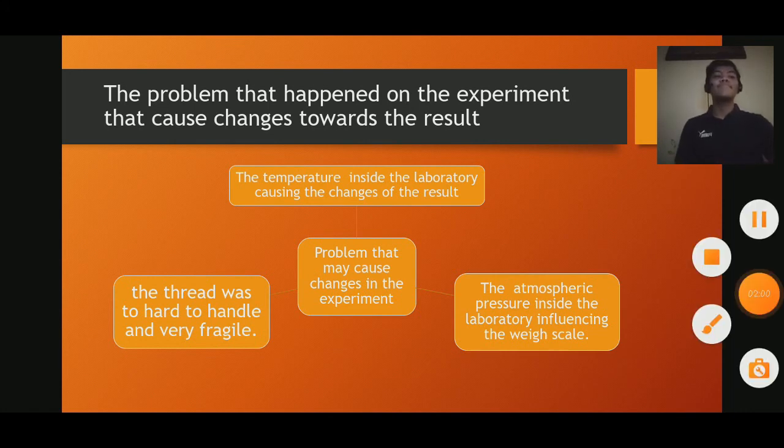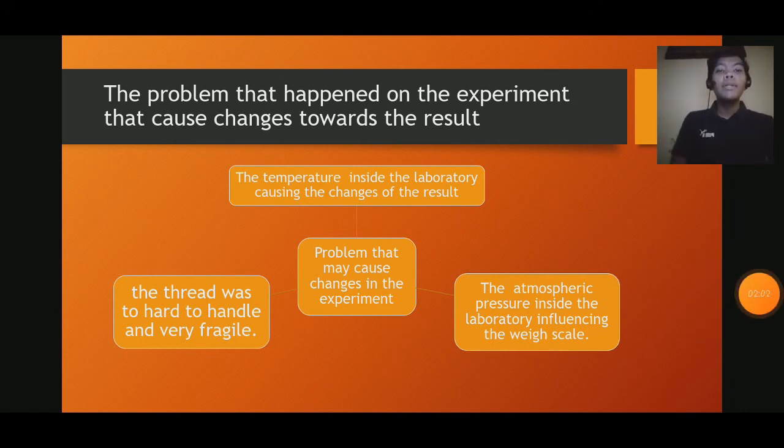The last problem is that the thread was too hard to handle and very fragile. At that point they were using a thread that was very tiny and very hard to handle, which made it difficult to tie them up in a very good condition to avoid any mistake or failure in the experiment.